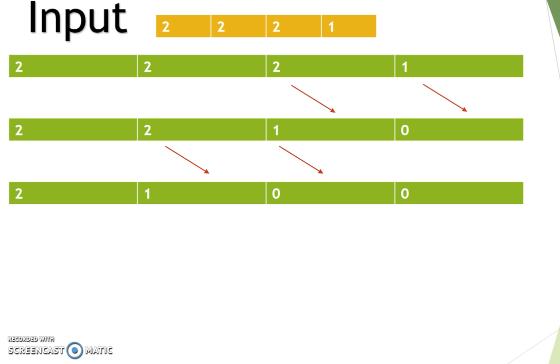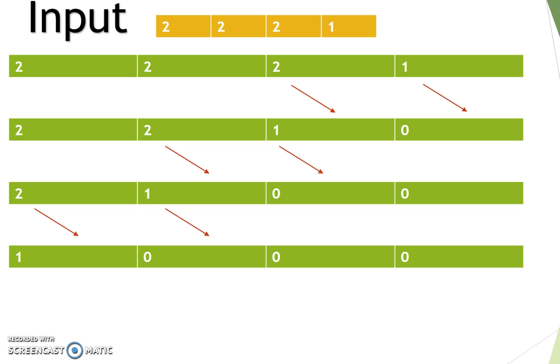Now let's try to make the second element 0. So we decrement the first and second elements, and the second becomes 0. Now no matter what you do, you can't make the first element 0, because you don't have any other elements before the first element, which is left with 1.